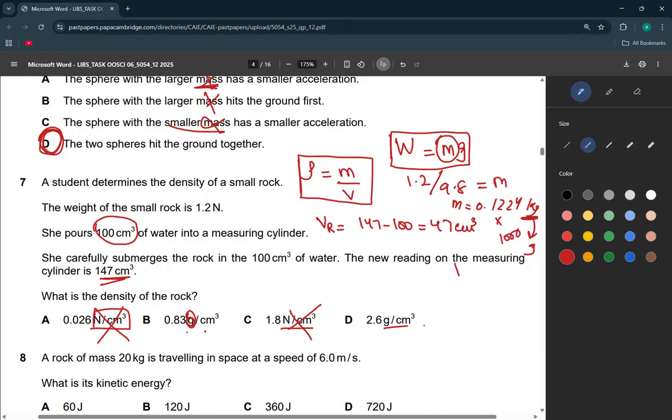So the mass would be 122.4, and the volume is 47. Calculating now, the answer I'm getting is 2.604. So this would be the right answer. Option D.